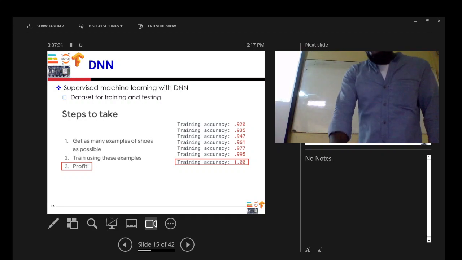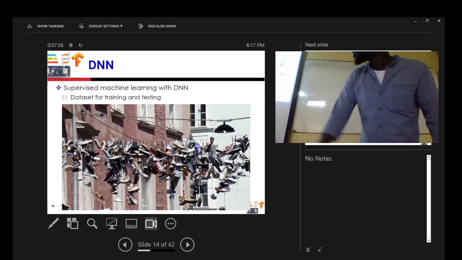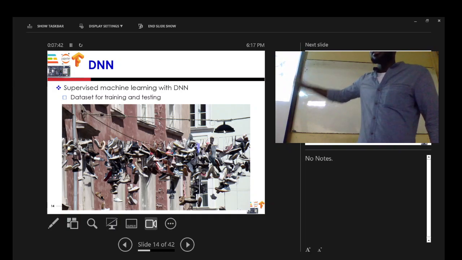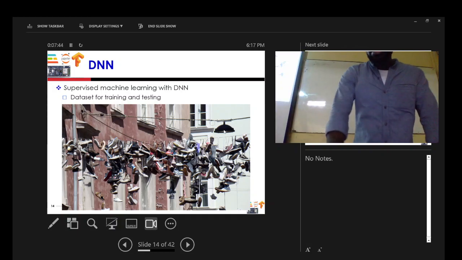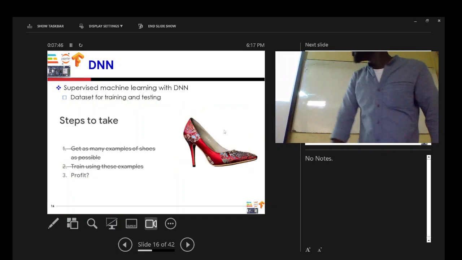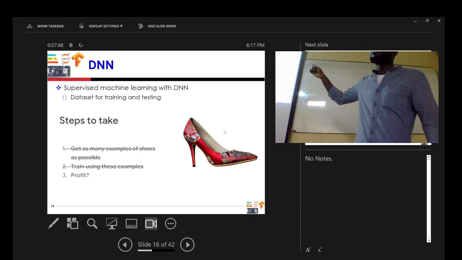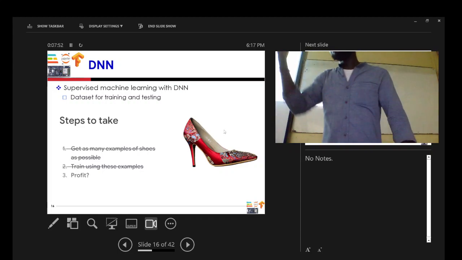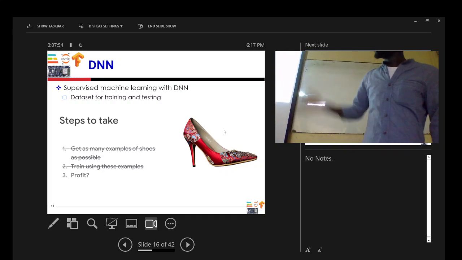Now, once you train a network with shoes like this, have you seen this kind of shoes? They are kind of sneakers, right? Once you train it and you get 100%, and then you give it a shoe like this, your network will fail miserably. But you have designed it to classify shoes.